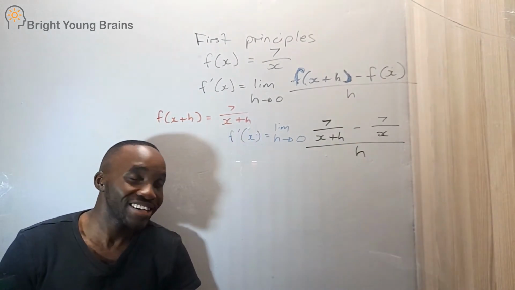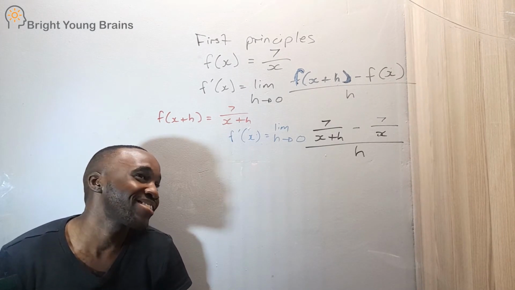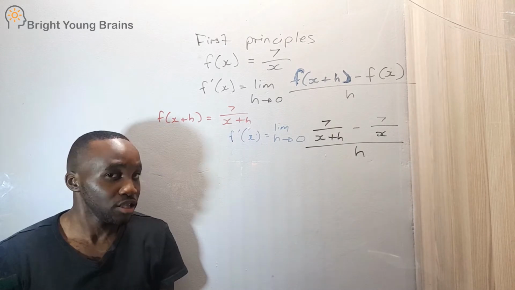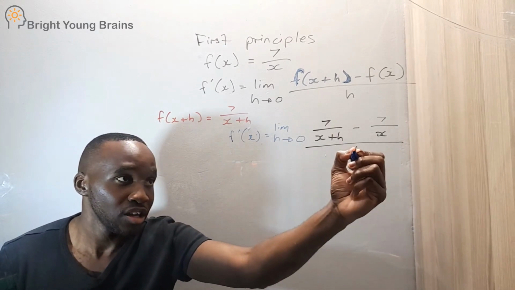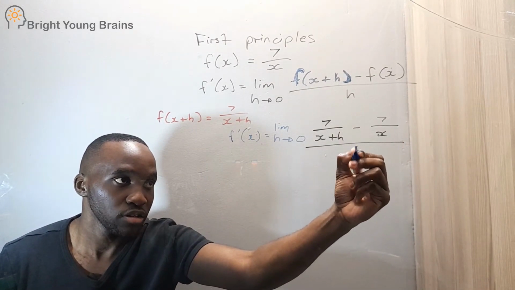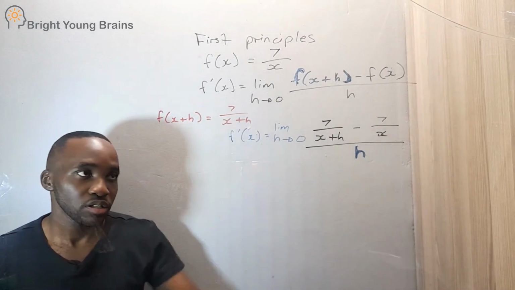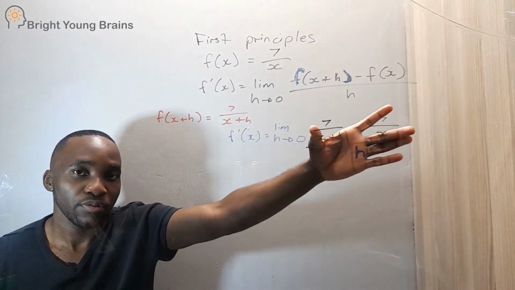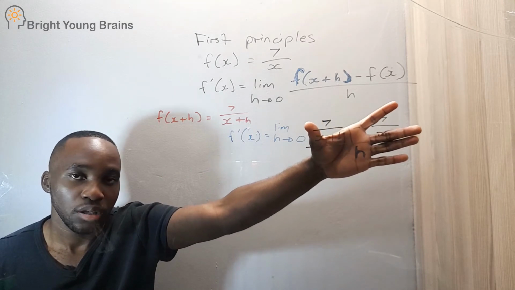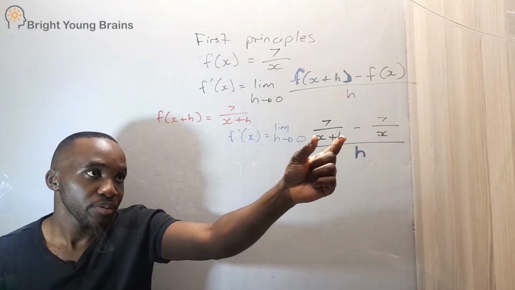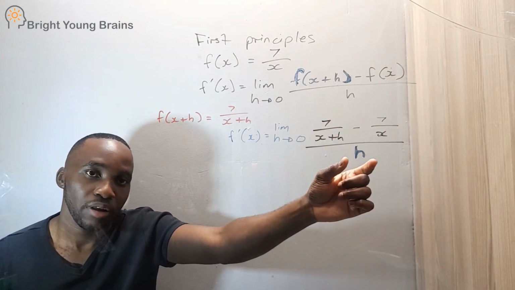Now this is where things get simple, and this is where you kind of need to concentrate. If you look at what you have here, this is all you need to pay attention to. This h down here, for your next step, all you want to do is, because you see these two are both fractions, as long as these are both fractions divided by h, the denominator for this one, you have to multiply by h.